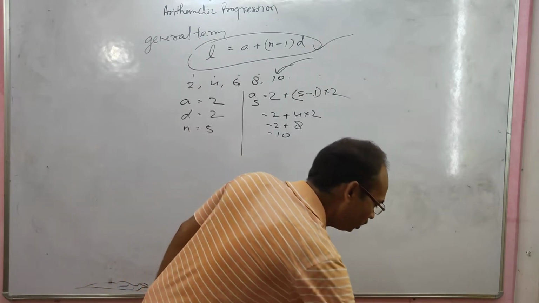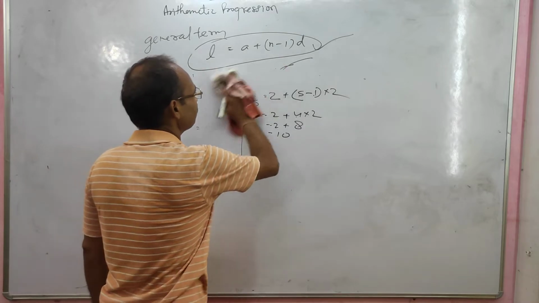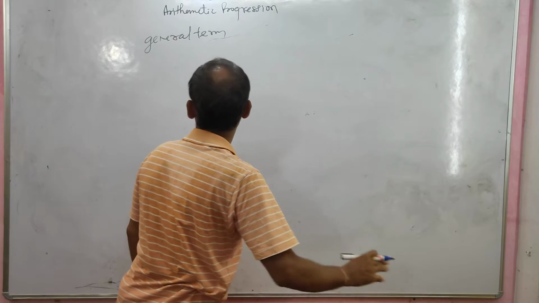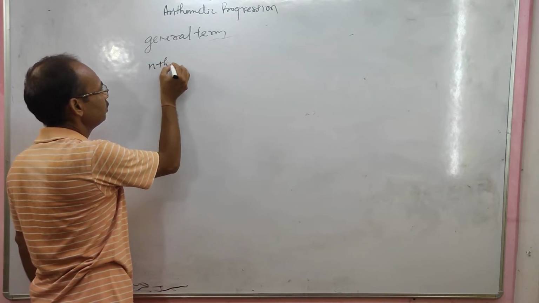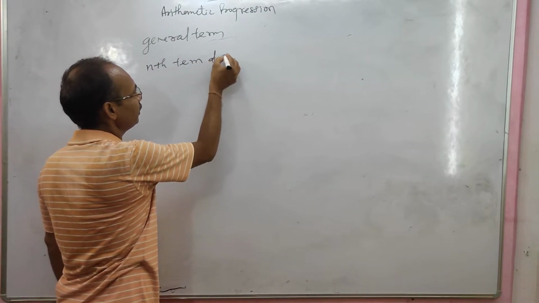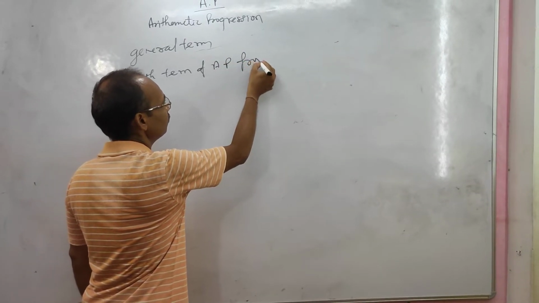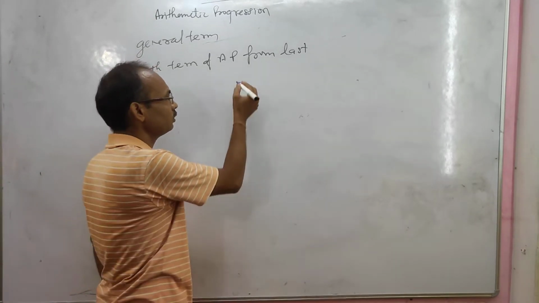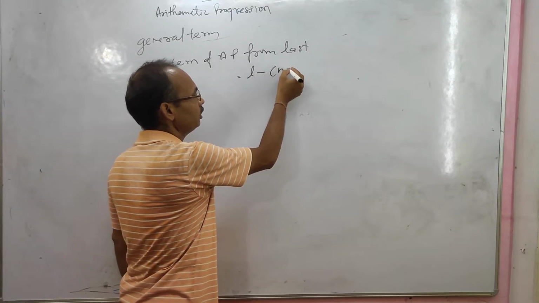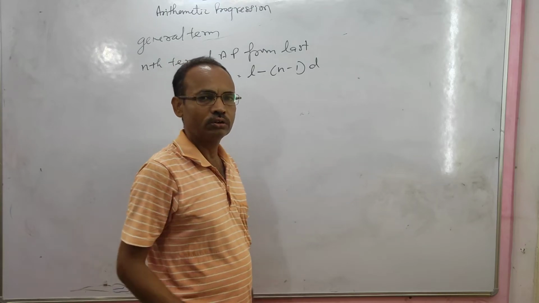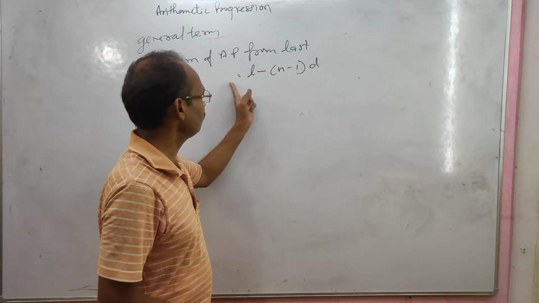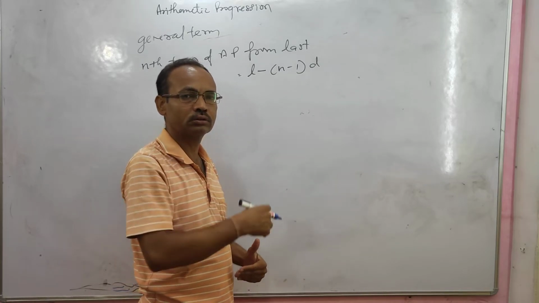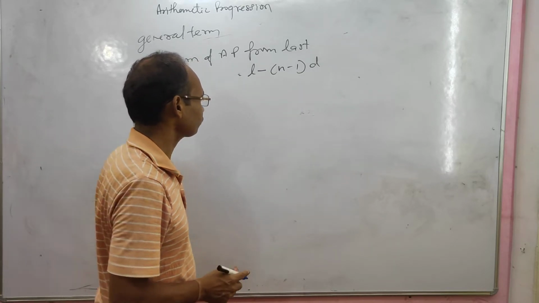Example: if you want to know any term from the last, then the formula changes. What is the nth term of an AP from the last? Then use this formula: l minus n minus 1 d. You can easily get the value of any term from the last in an AP.